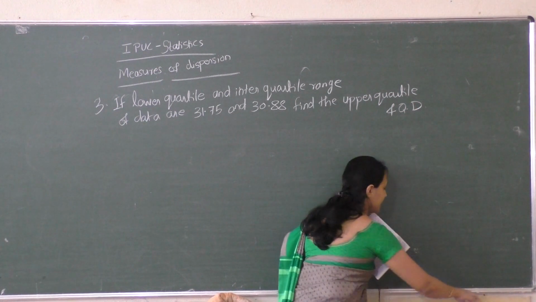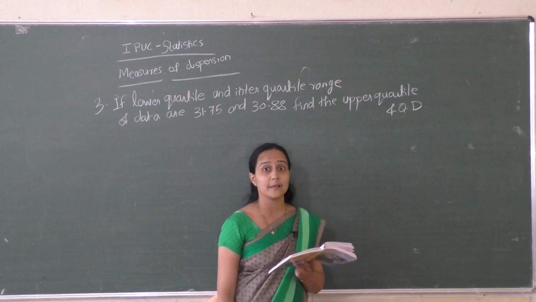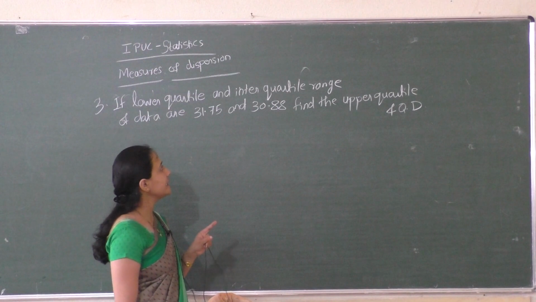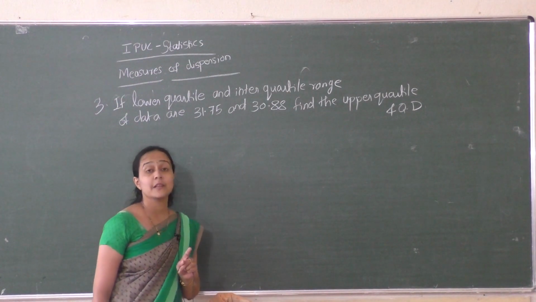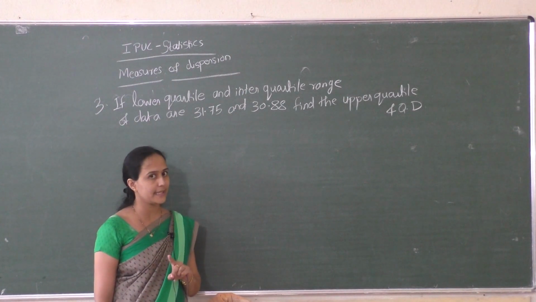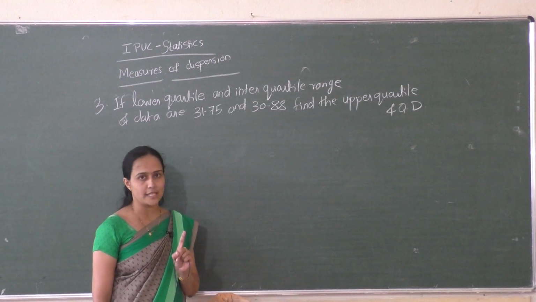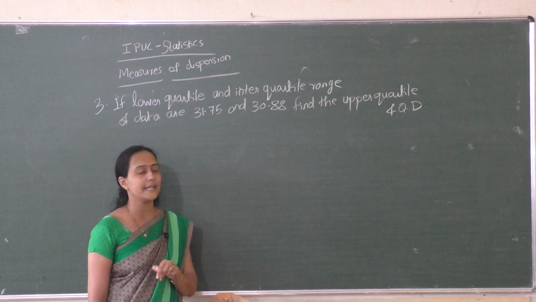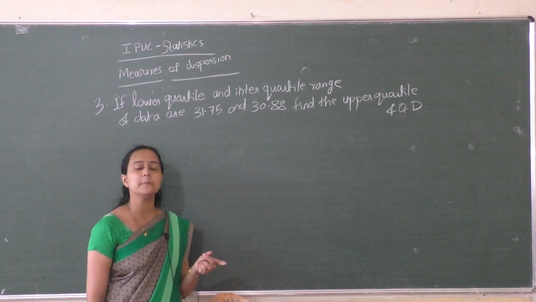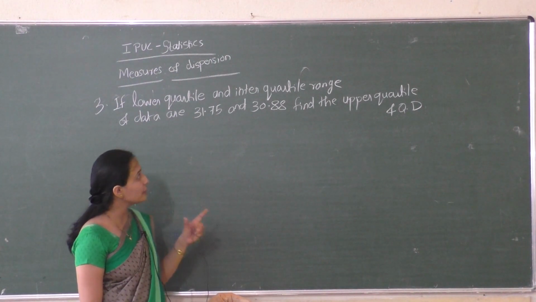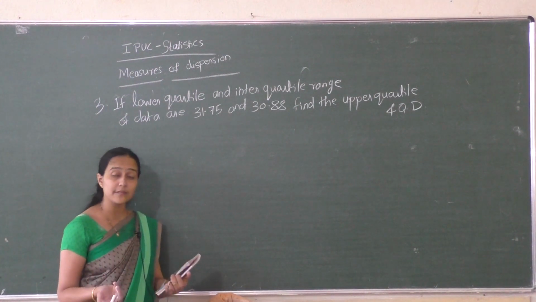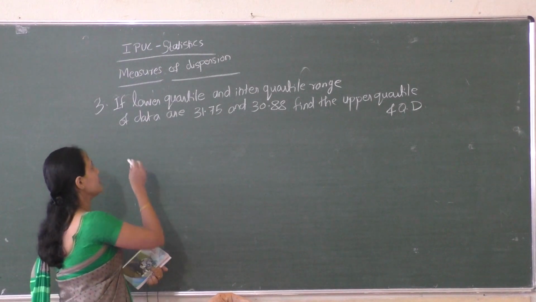So what is given here? Read the question carefully. Lower quartile, which one? Q1. They gave the interquartile range, they didn't say semi-interquartile range. Semi means divided by 2 will be there. Interquartile range means it is just the difference between Q3 and Q1. So Q1 is given, and Q3 minus Q1 is given. We have to find the upper quartile, Q3, and then QD also.